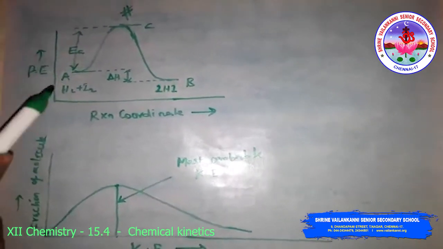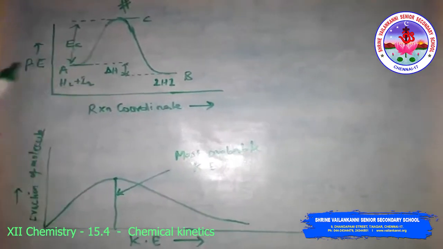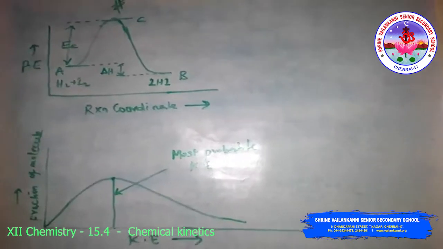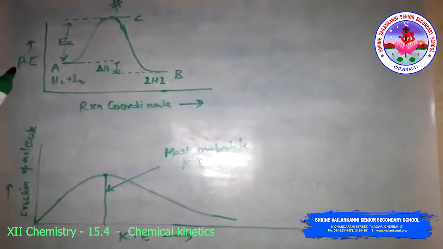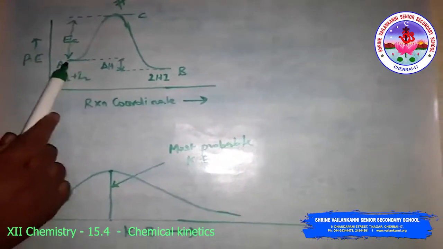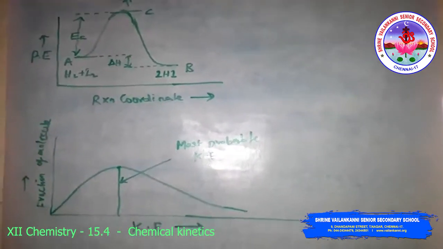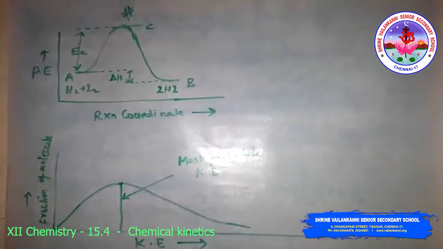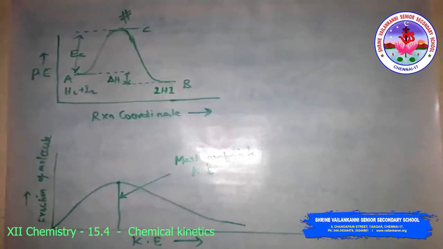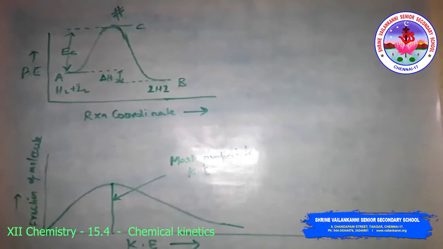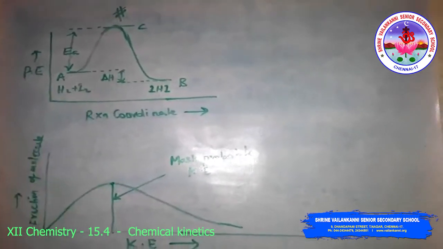The plot of potential energy versus reaction coordinate represents the profile of the energy change when the reactant changes into the product. This is the reactant and this is the product. Some energy is released when the complex decomposes to form the product. So the final enthalpy of the reaction depends upon the nature of the reactant and the product.